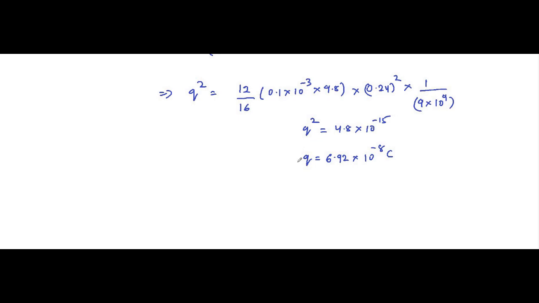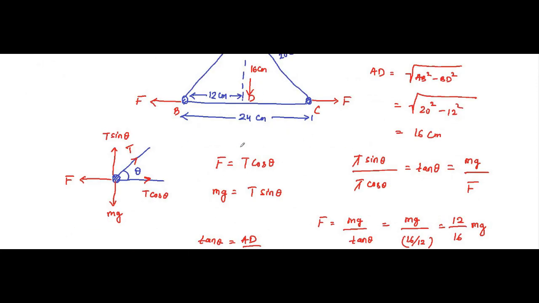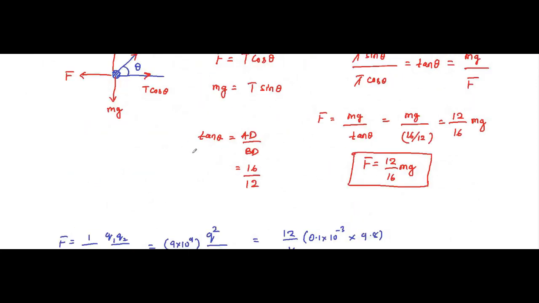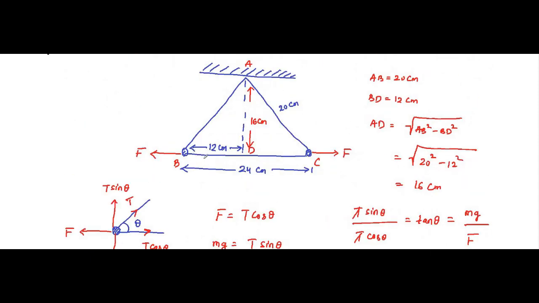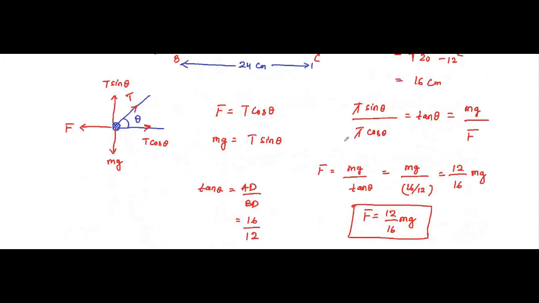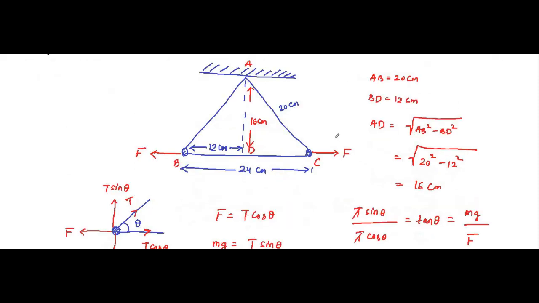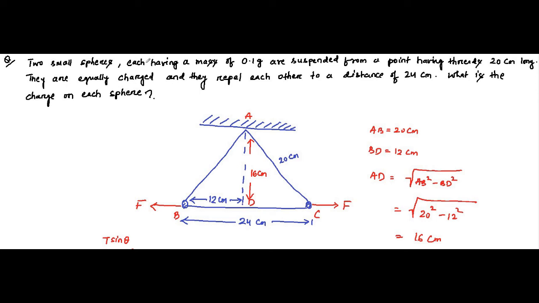So this was a very good question because it involved the application of a lot of other concepts also. It was kind of an indirect question where the principles of mechanics also came into play, along with electricity and magnetism. The first and most important thing here is to understand the data given in the question and convert it into an accurate figure.